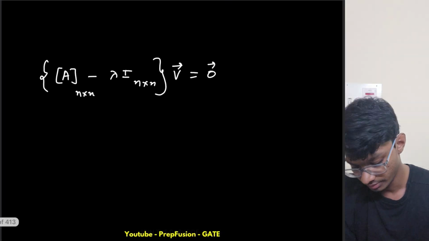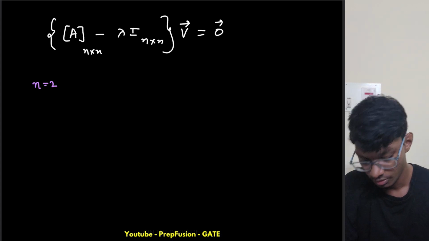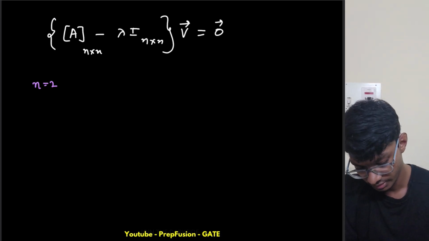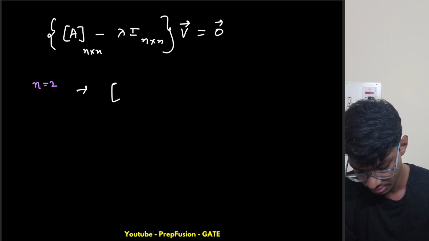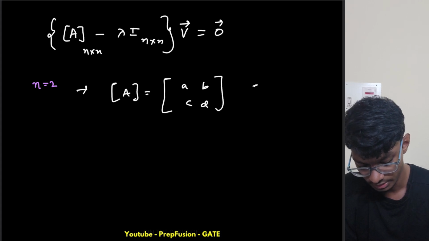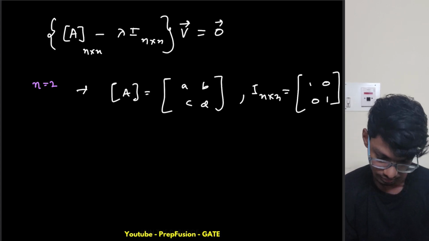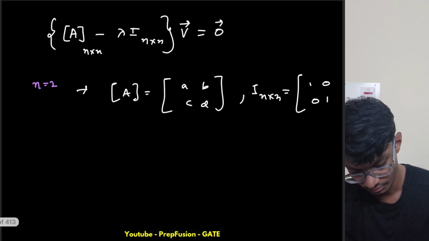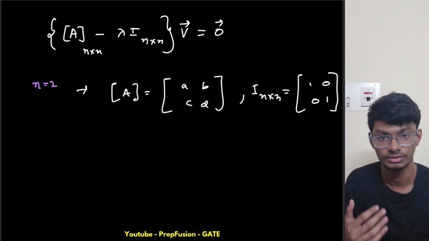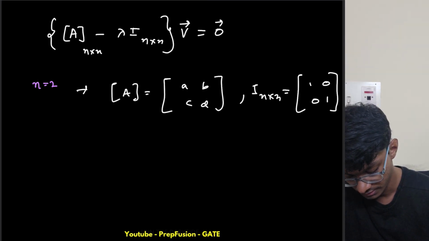So here I will expand this for a 2 cross 2 matrix, n equals to 2. Let's say A is simply 2 cross 2, so it is a, b, c and d. And what is I? It is 1 0 0 1, right? Now I will expand this.